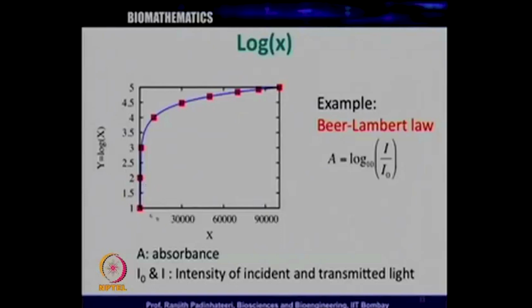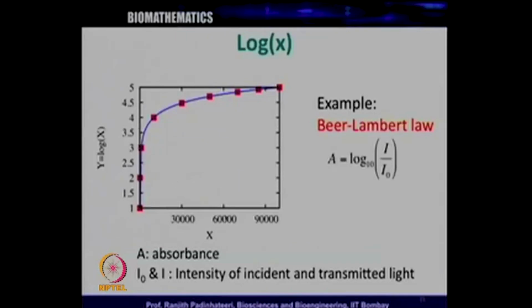One interesting thing you should note here is that if you look at the values on the x axis, it is like 1, 30,000, 60,000, 90,000. So, these are huge values, but the corresponding y values are 3, 4, 5. If you calculate the log of huge values, you get a small value, which is true.